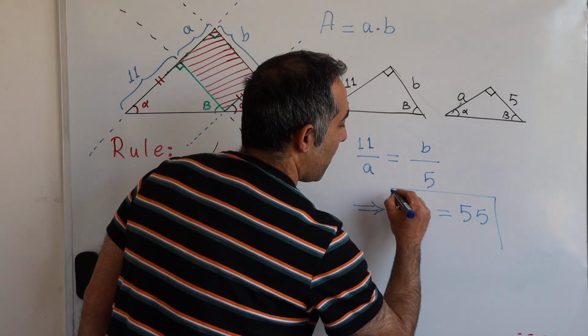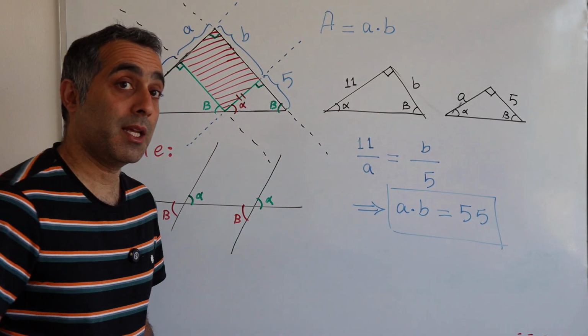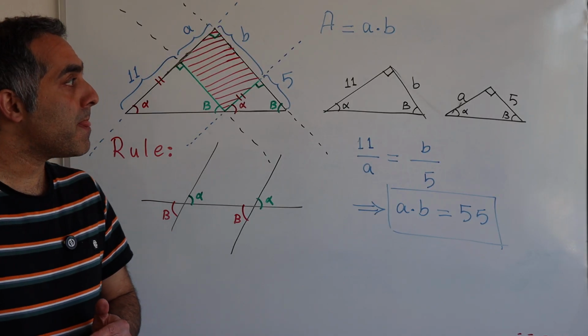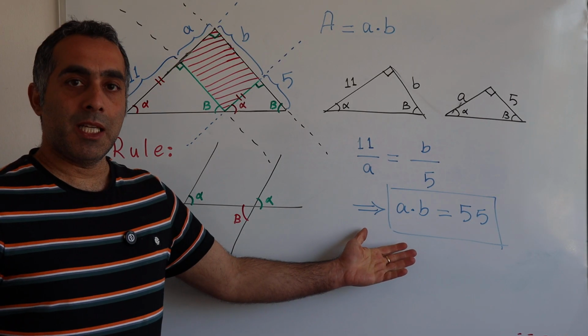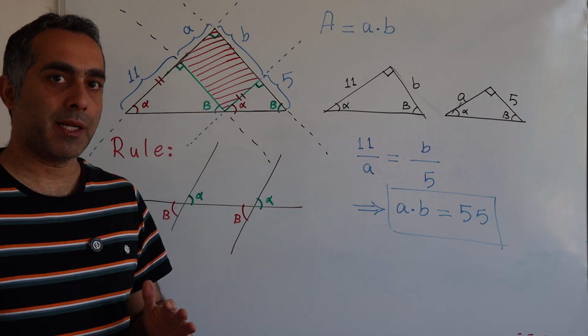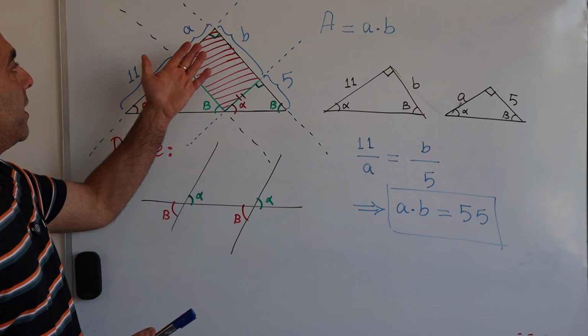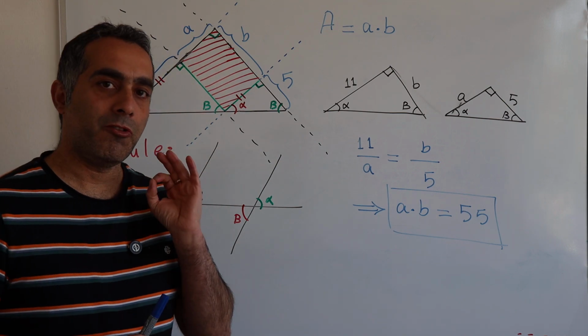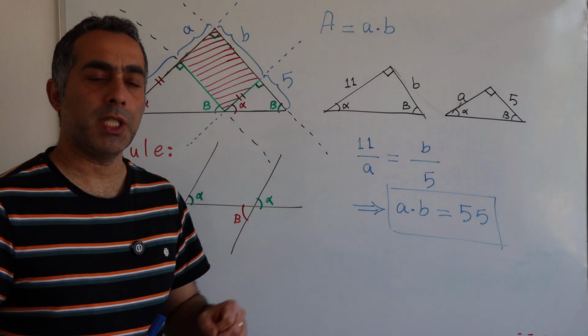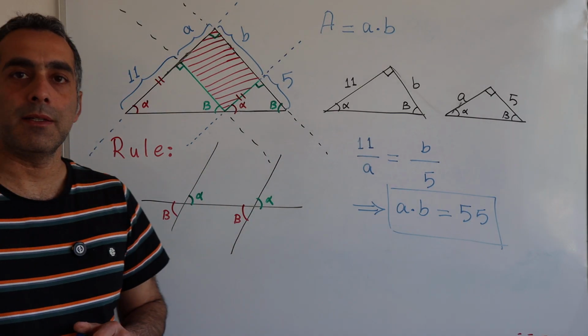So 55 is the final result. You can see, without calculating A and B separately, you find the area of this rectangle very easily just by knowing this comparison ratio and similar triangles.